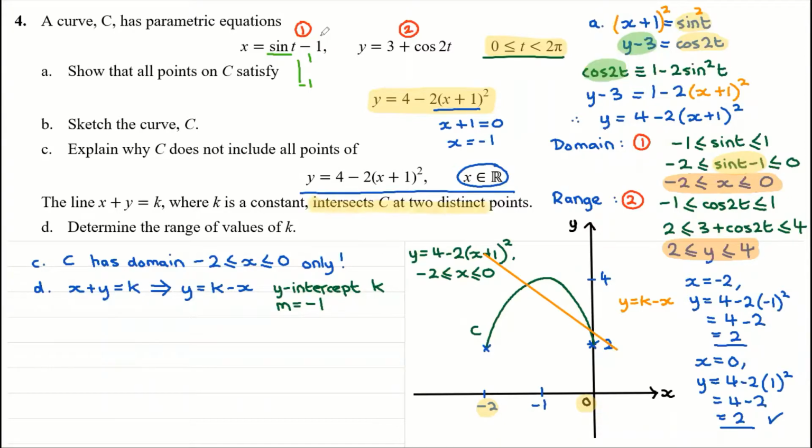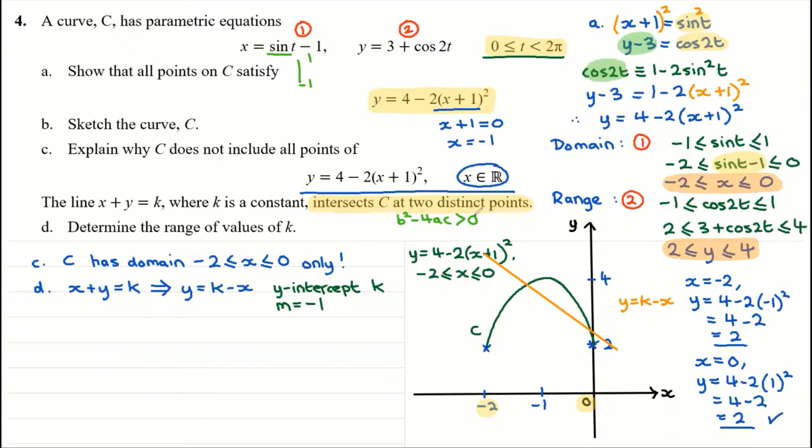Two distinct points, that is telling us something about the discriminant, isn't it? That is screaming at you that the discriminant b squared minus 4ac has to be strictly positive. Okay, that's what that's telling you. And that's when we substitute one curve into the other straight line.